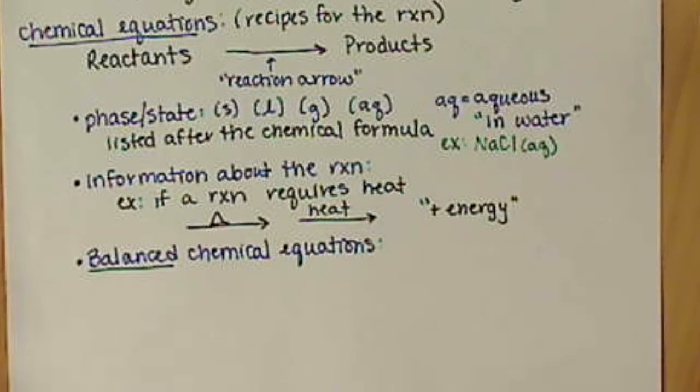Basically what this means is that we obey our law of conservation of mass, and that's where whatever atoms we start with, we have to end up with. We can't introduce new ones just because we feel like it. Whatever we start with, we have to end up with. We also can't have extra atoms.